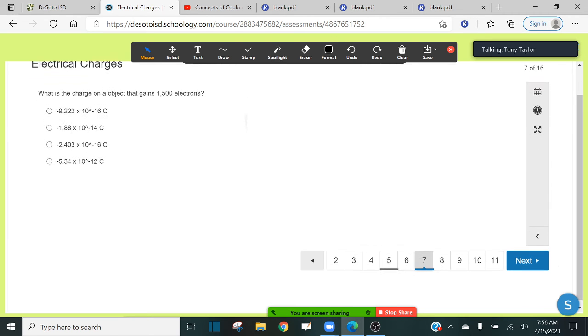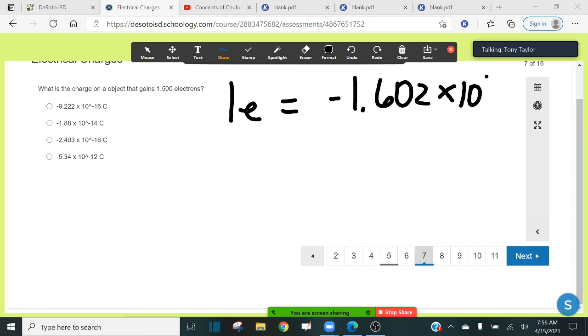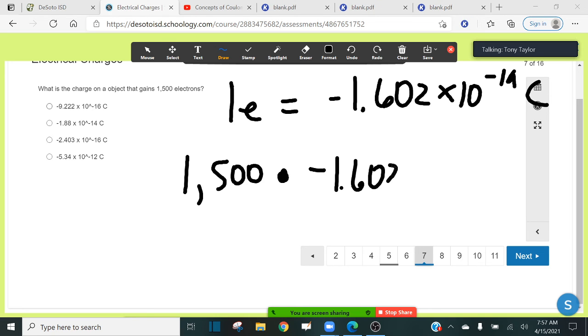If one electron has a charge of negative 1.602 times 10 to the negative 19 coulombs, that means if I have 1,500 electrons, I need to take 1,500 and multiply by this number to figure out the charge on 1,500 electrons.